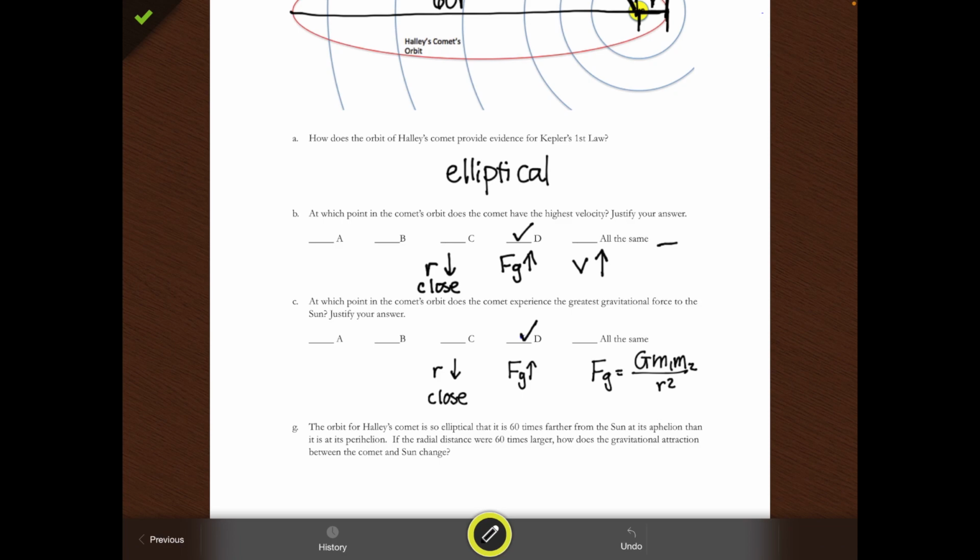So if your radius is close, you're dividing by a smaller number, making a bigger force. Graphically, if the radius is small, the force is big. This is that inverse square law. So when the radius is small, the gravitational force is large. All of those points support and justify the same conclusion.